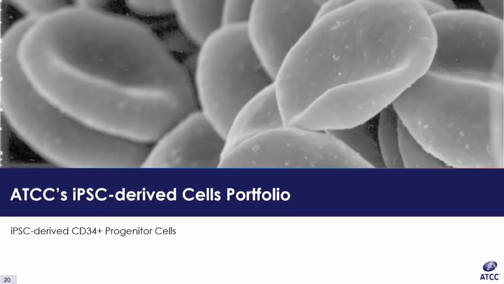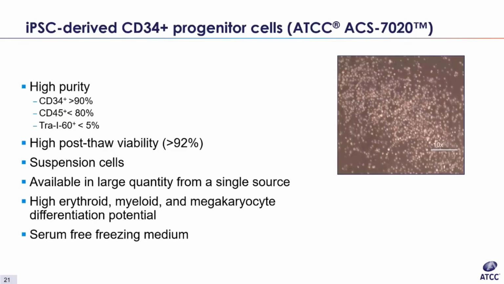So now I'll discuss the second product in the portfolio. The second product is iPSC-derived CD34 positive progenitor cells, which are derived from ATCC's bone marrow iPSCs. The part number is ACS-7020.